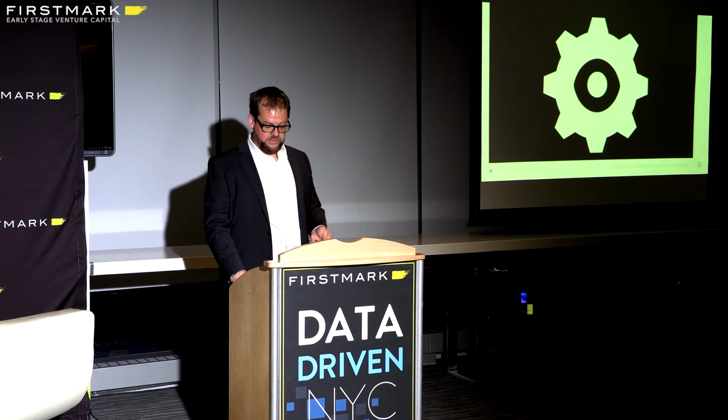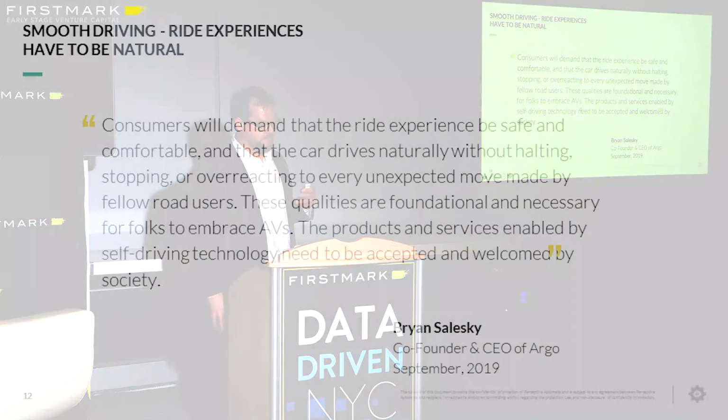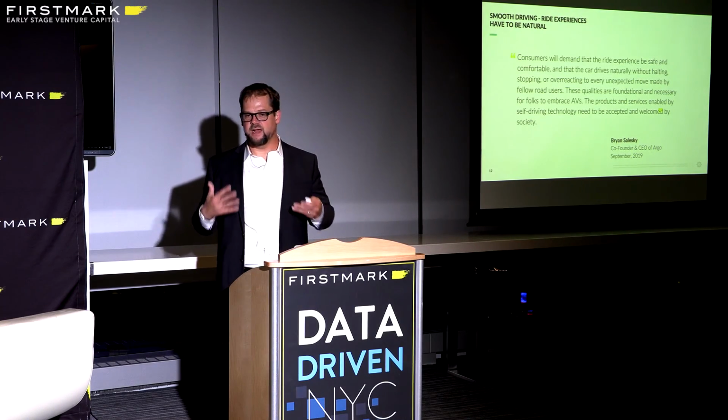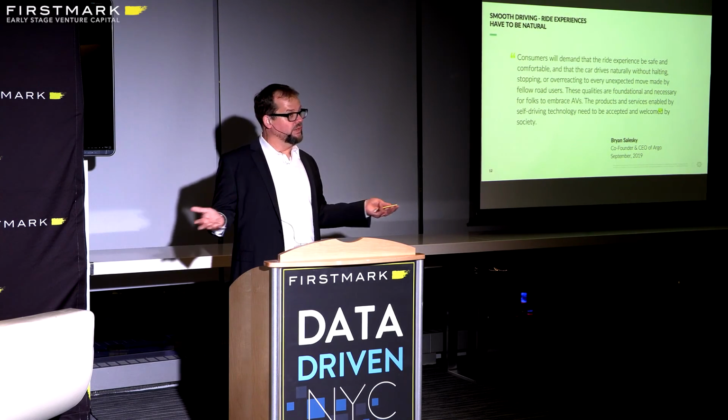And really the only way you can get them is by being serious about understanding how humans do it, taking humans as your gold standard. And as Brian Selesky from Argo points out, if you can't do this, if these vehicles are timid and stop and start and get punched and all of these things, autonomous vehicles will not work.